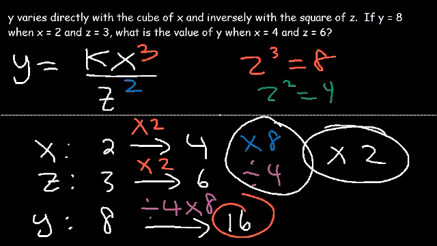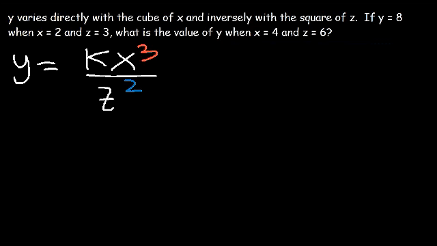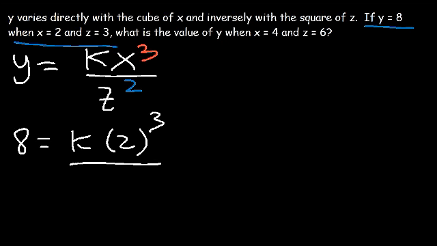Now let's solve it algebraically. So let's solve for k using this information. So y is 8, x is 2, and z is 3. 2 to the third power is 8.